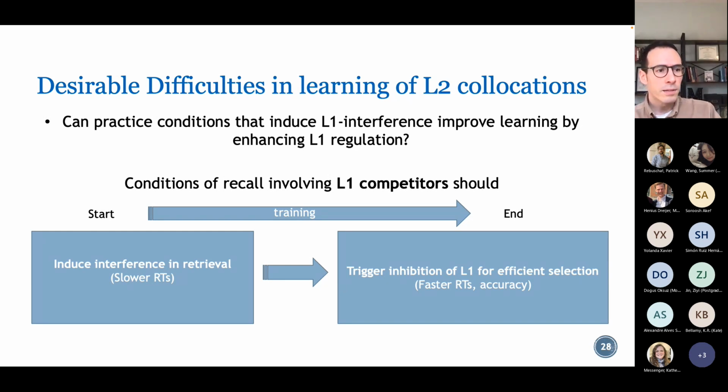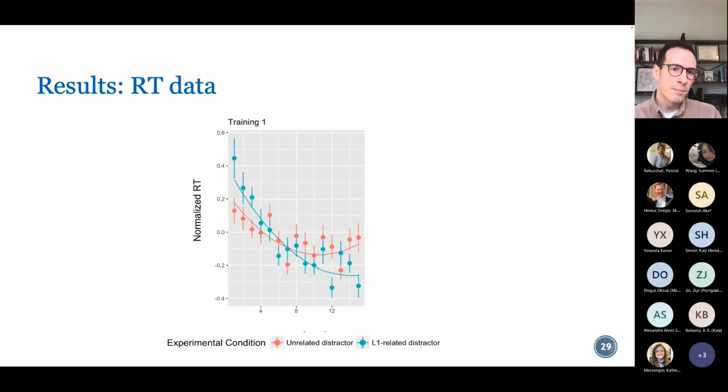So first, I'd like to show you some reaction time data. And this is reaction time data during selection of the correct verb during the first training session. And what you can see here is the trajectory of the two groups. So the blue line, the L1 related distractor, this is the interference group that was exposed to L1 related distractors during training.